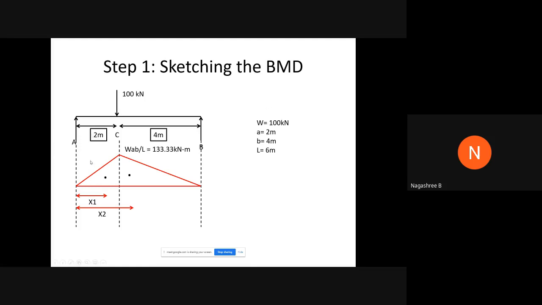As we know, this is an eccentric loading. Eccentric loading is nothing but a load that is not equally distributed. From A it is 2 meters and from B it is at a distance of 4 meters. Therefore it is called eccentric loading.